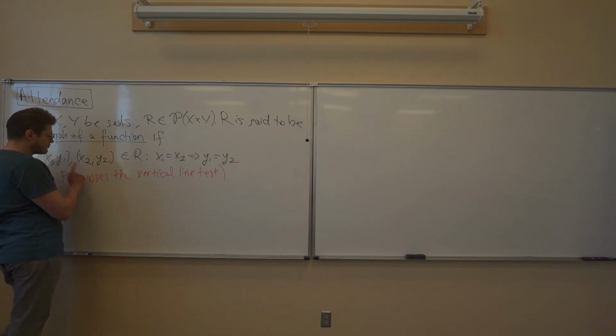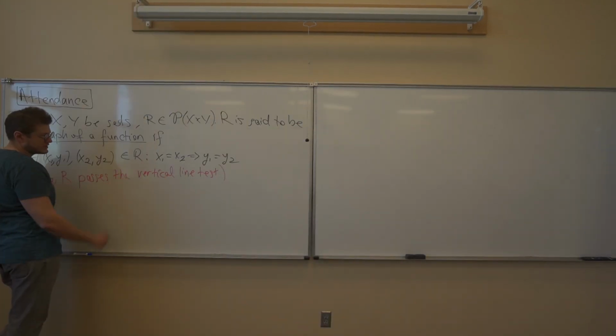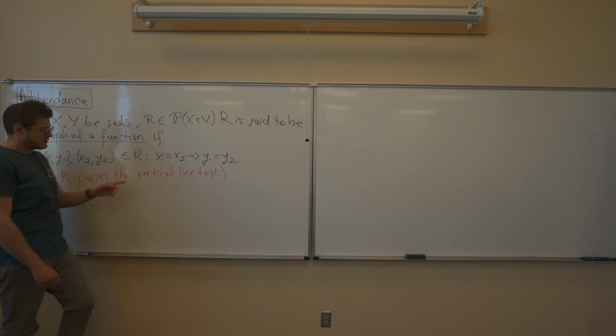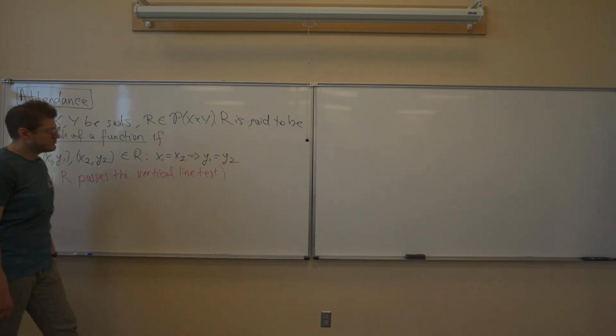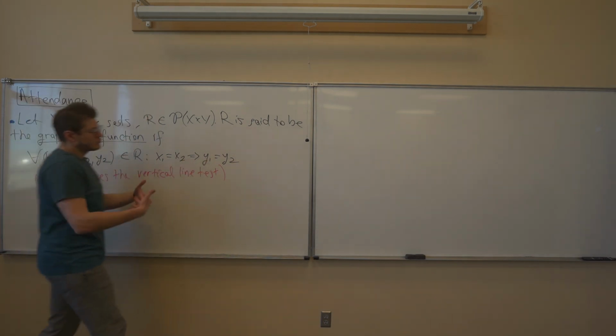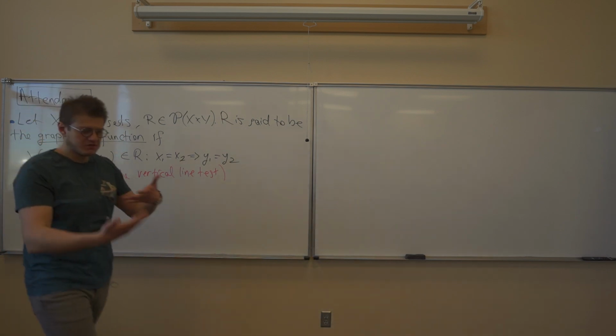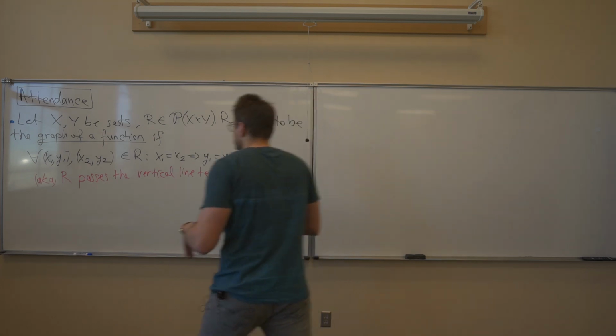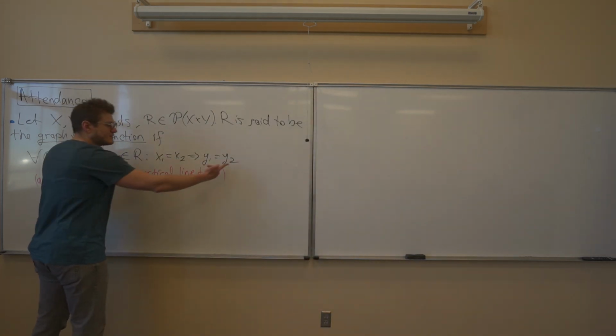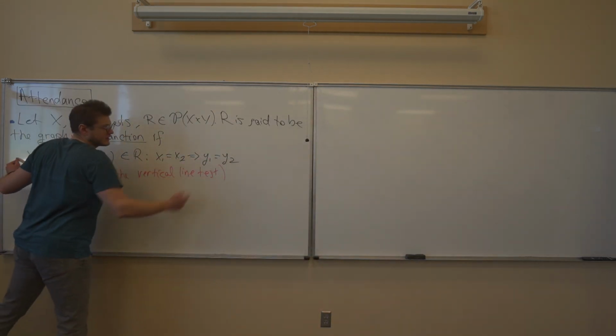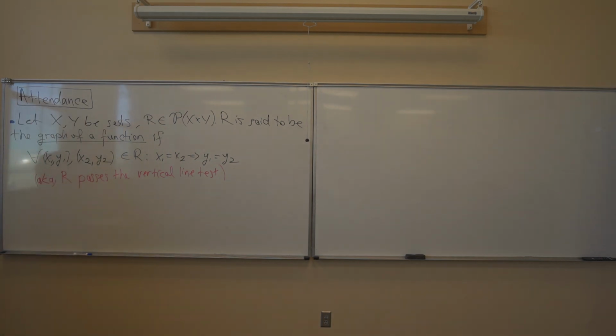For any pairs of points (x1, y1) and (x2, y2) in the relation, if the x values are the same, I want the y values to be necessarily the same as well. So this is basically something like the vertical line test. If you were to start with the graph of a function and think of it as a shape, in other words, think of it as a relation, you would realize that this vertical line test is logically pretty much this. It's nothing else.